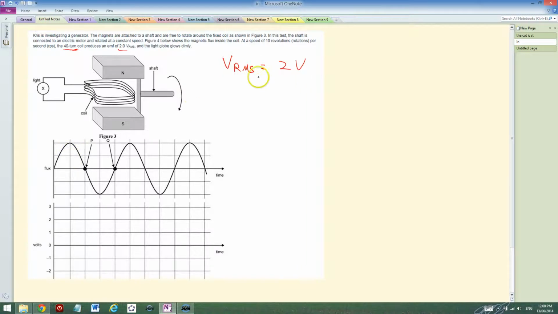So remember your equation. Your peak voltage is basically the RMS value times square root of 2, a magical number. So do it in your calculators. 2 times square root of 2 is going to be 3, approximately. Just do it now.